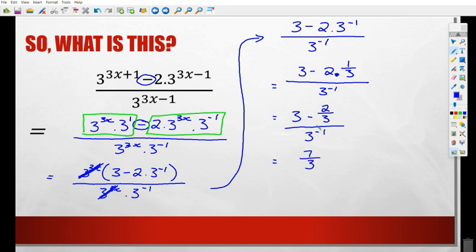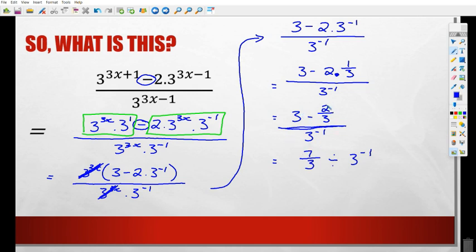I'm going to rewrite this quickly. I'm going to write it as divide. What am I dividing by? 3 to the negative 1. All I did was write this in a different format, because otherwise I'd have fractions over fractions and it doesn't look very neat, people get confused.